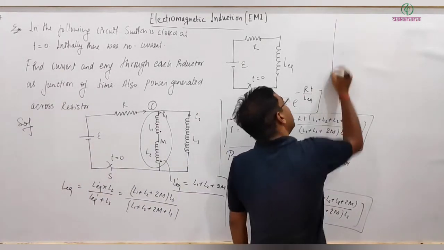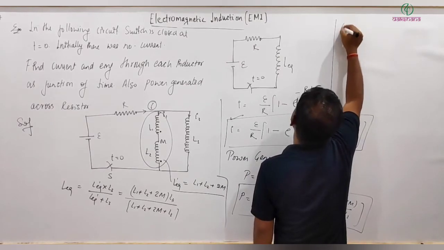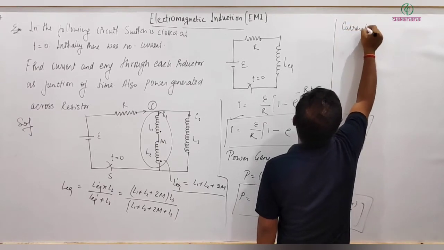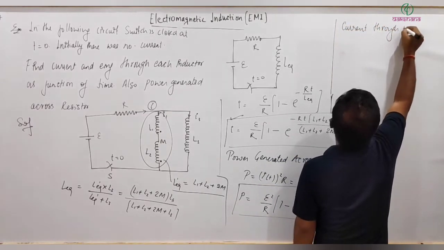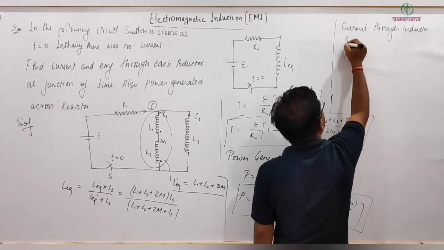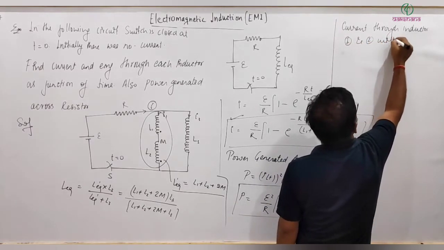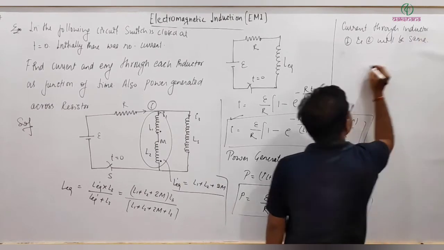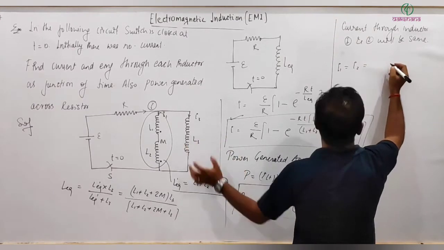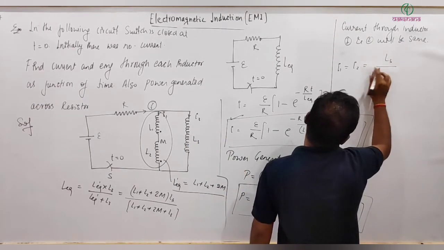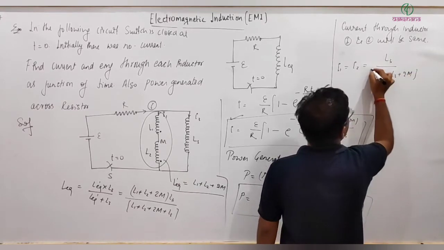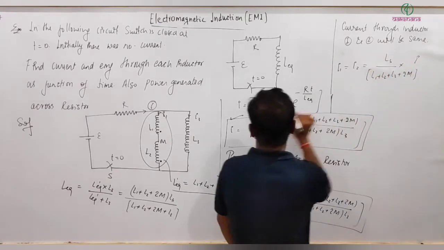So the current through inductors 1 and 2 will be the same, and I1 equal to I2 is L3 divided by (L1 plus L2 plus L3 plus 2M) multiplied by I, and I is this.